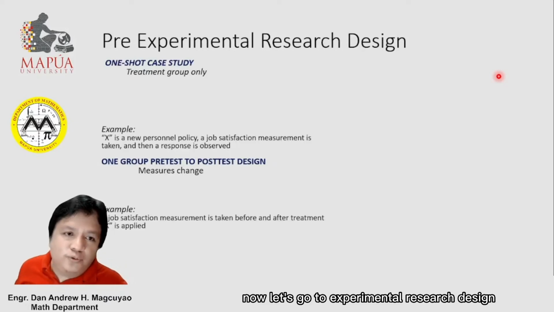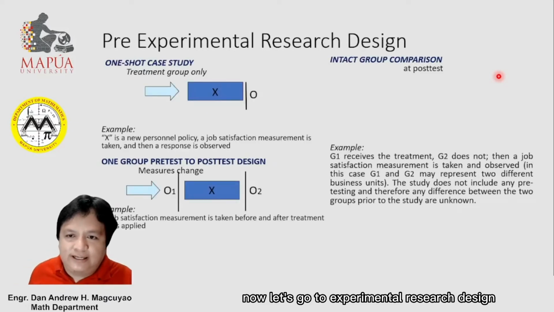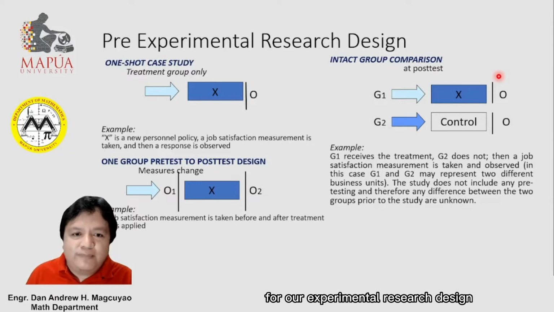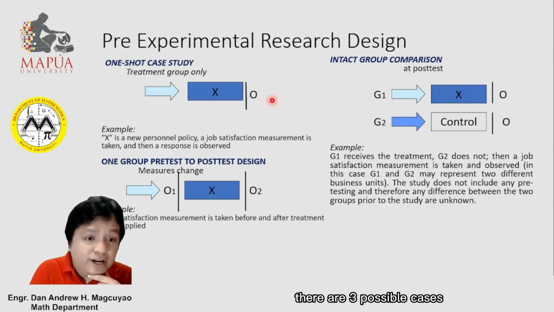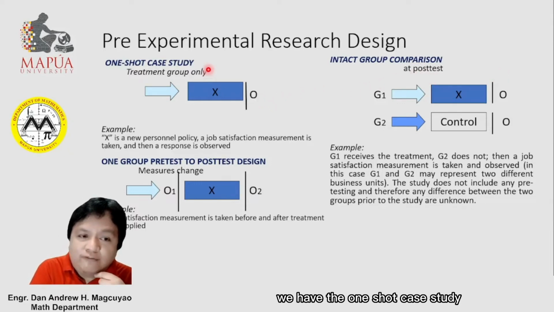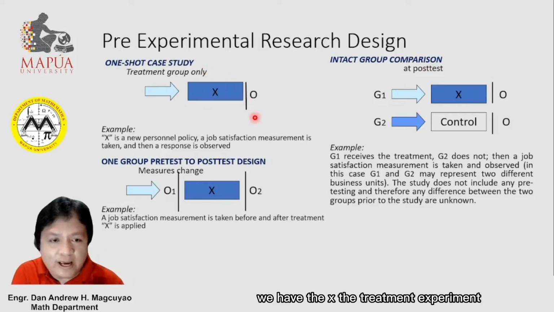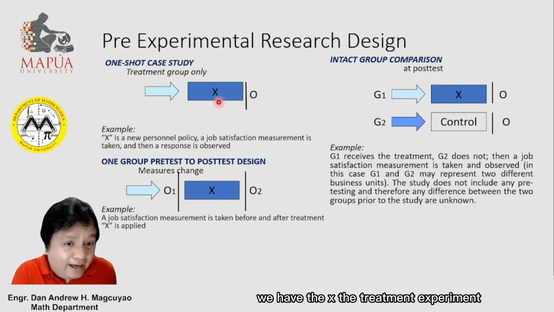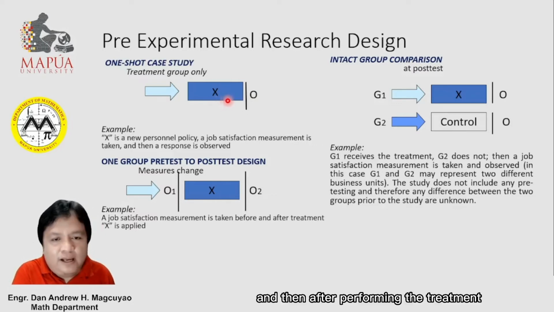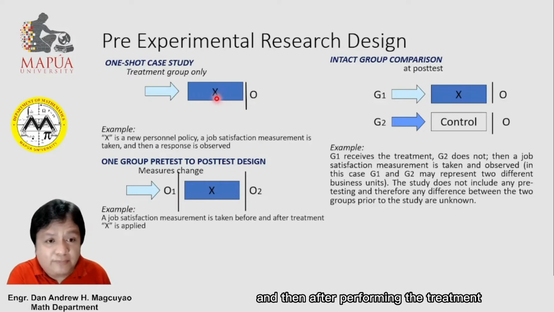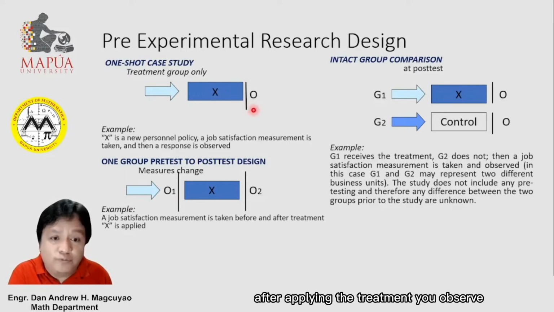Now let's go to the pre-experimental research design. For our pre-experimental research design, there are three possible cases. We have the one-shot case study. For the one-shot case study, we have the X, the treatment, the experiment, and then after applying the treatment, you observe.